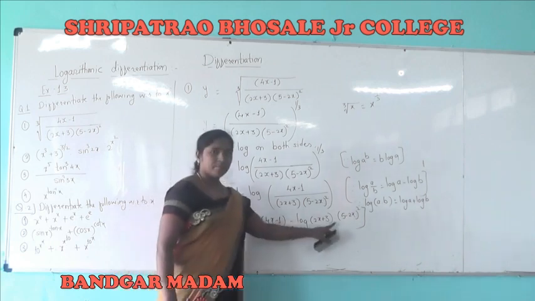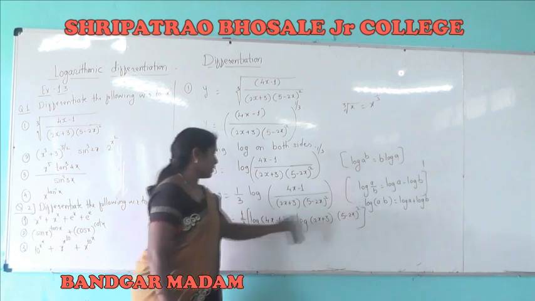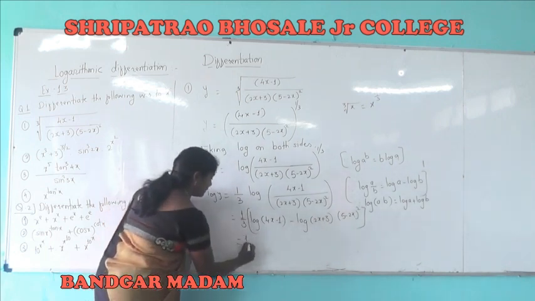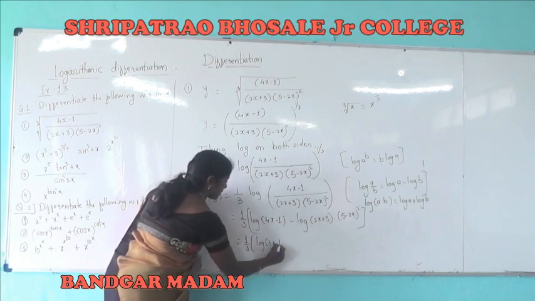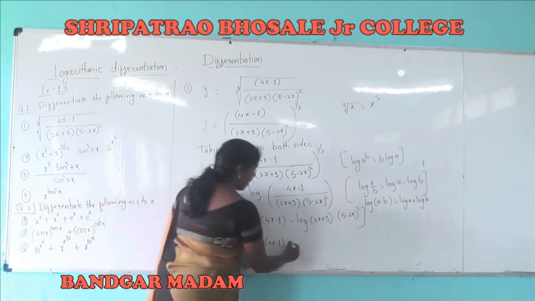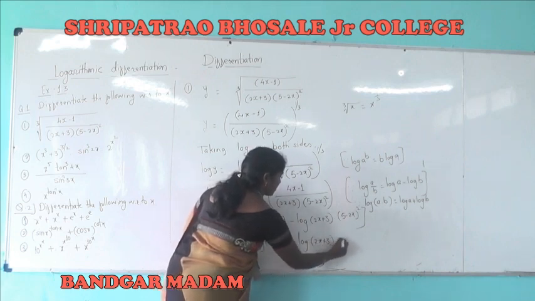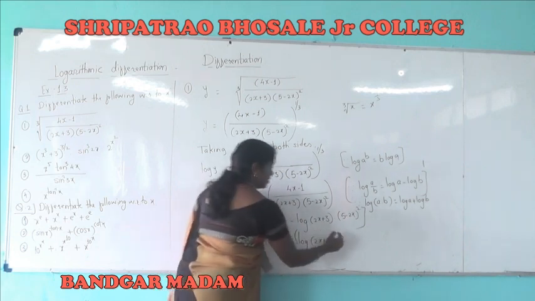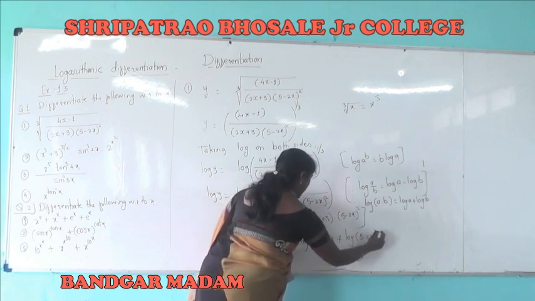Now we will split here, log a into b will be log a plus log b. So we get 1 by 3 log 4x minus 1 minus log 2x plus 3 plus log (5 minus 2x) bracket square.